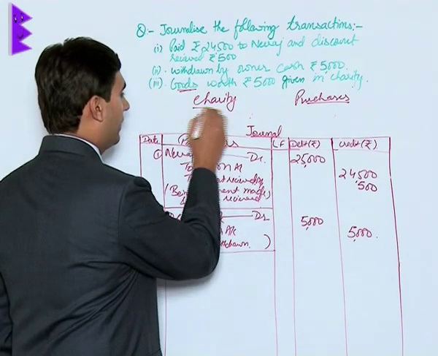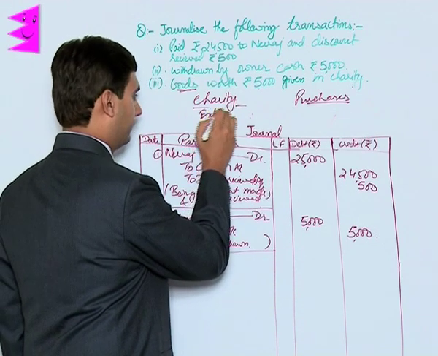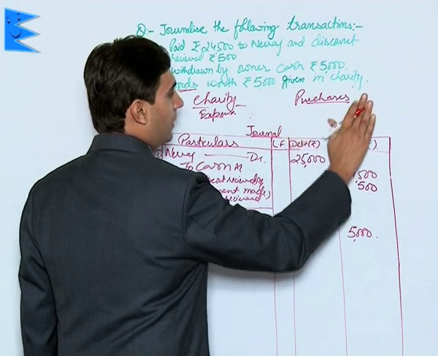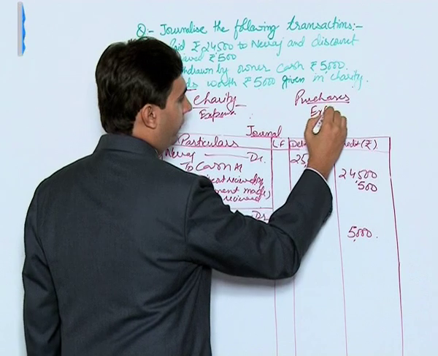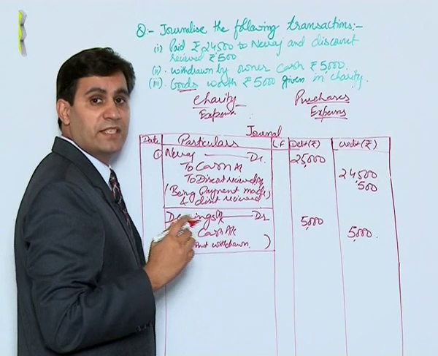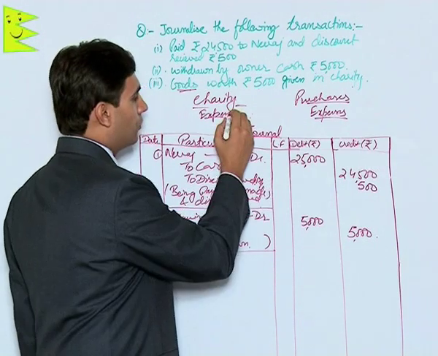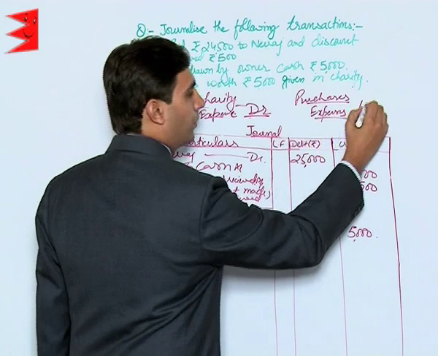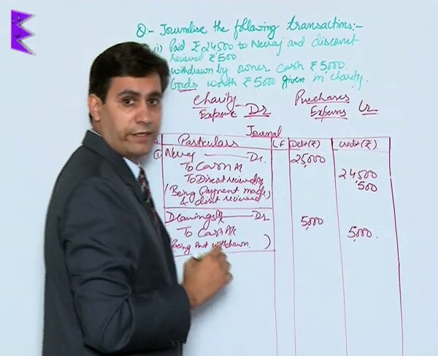Now charity. Charity is an expense and purchases is also under the category of expenses. Now students, when the expenses increase, they should be debited. So charity should be debited and correspondingly purchases would be credited.